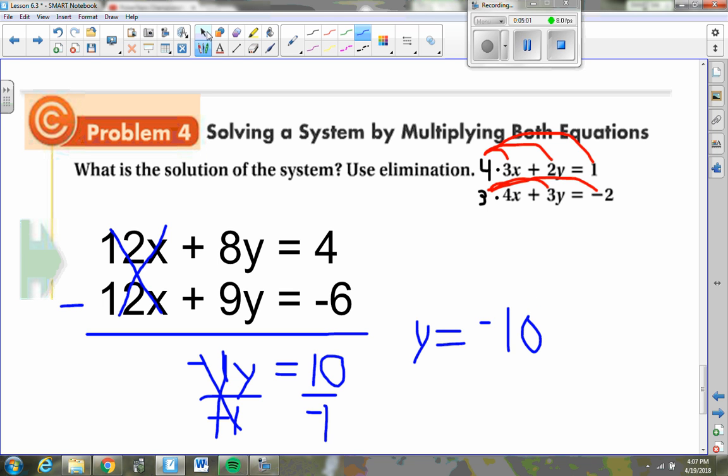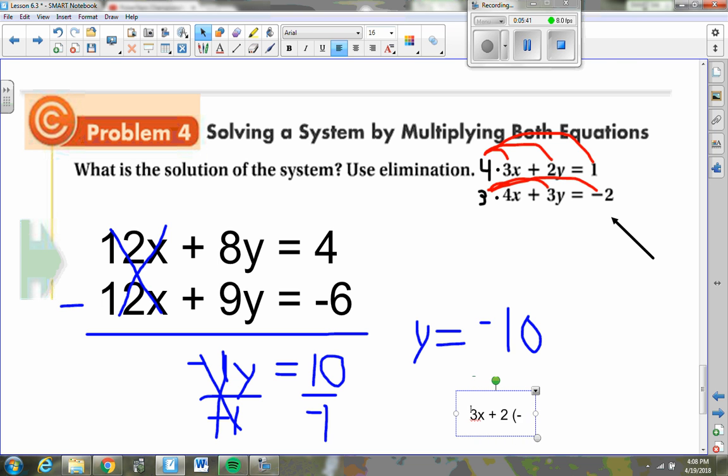Okay? So now I have half of my answer. I know that y is equal to negative 10. And now what I'm going to do is put that back into one of these two equations, probably one of the two that I started with back up here, and try to solve for my x variable based on y being negative 10. So I'm going to choose to put it into the first equation, but you're certainly welcome to put it into the second equation as well. Doesn't matter. But if I put it in the first equation, the top equation originally said 3x plus 2 times y.